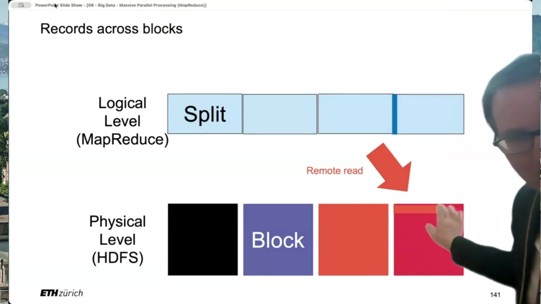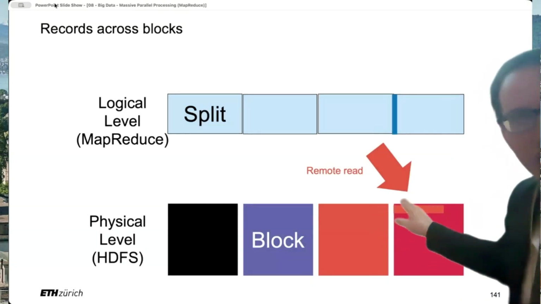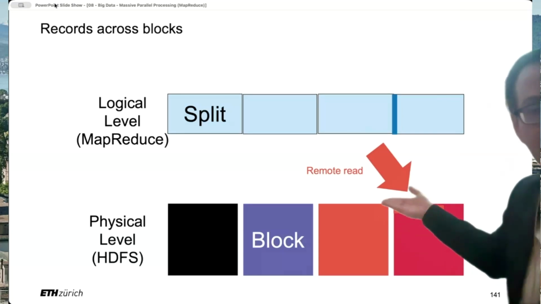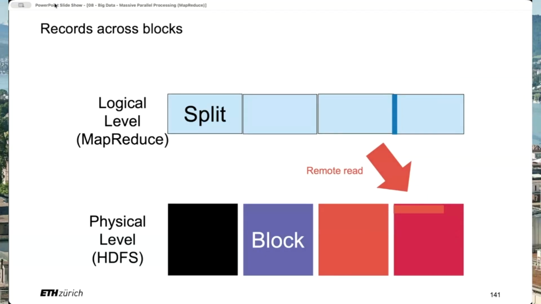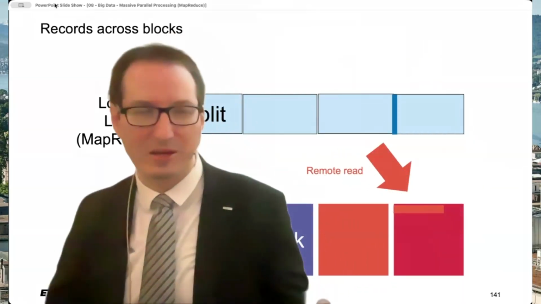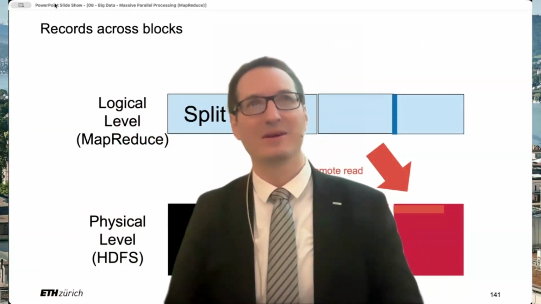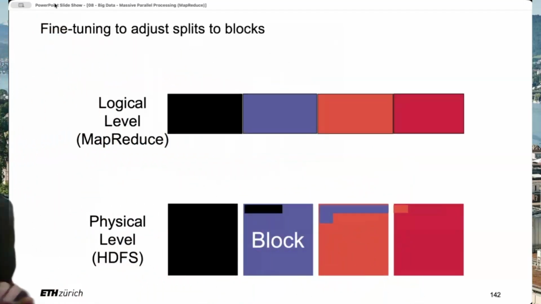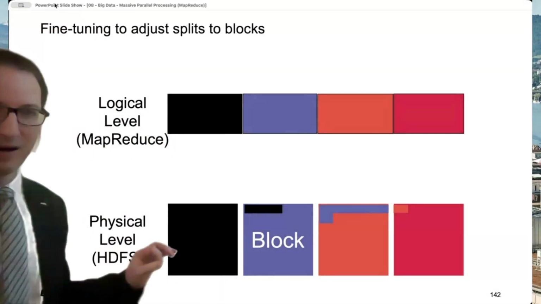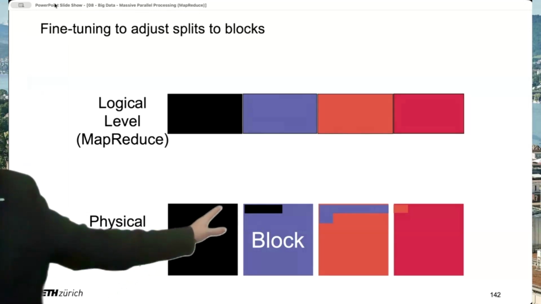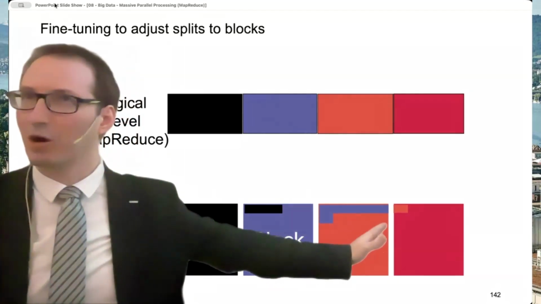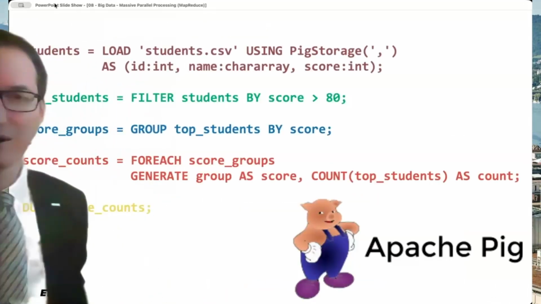But for the last few bits that you need to finish the key value, you might still need to read a little bit from another machine. So there is this small overhead that we need to be aware of, but it's taken care of by the MapReduce implementation. Who is with me? It's just this difference between logical and physical, and except if you win at the lottery, it's happening all the time. The odds of exactly ending at the end are very small.